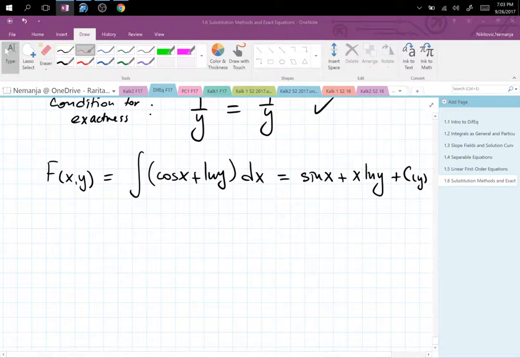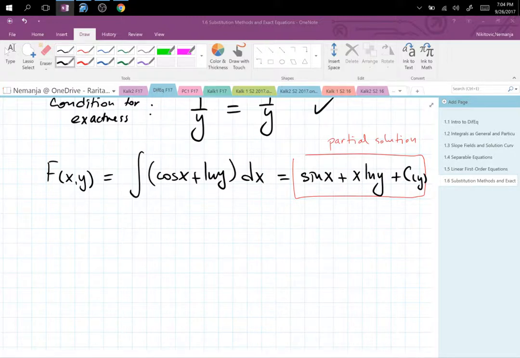This over here is already a partial solution. All we need to do is to determine what c of y is. Well, we take the partial derivative with respect to y and then equate it to fy from the problem. So partial with respect to y, sine dies.